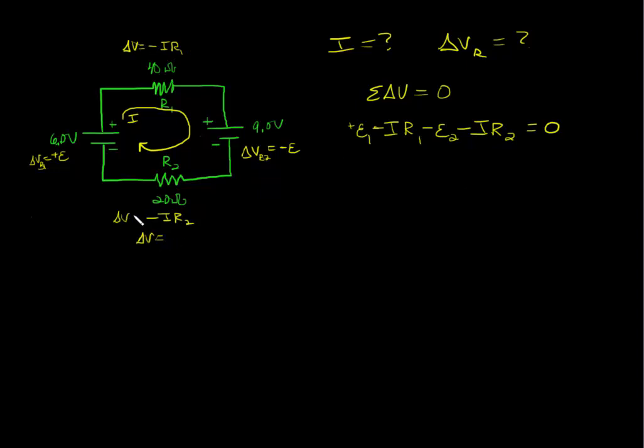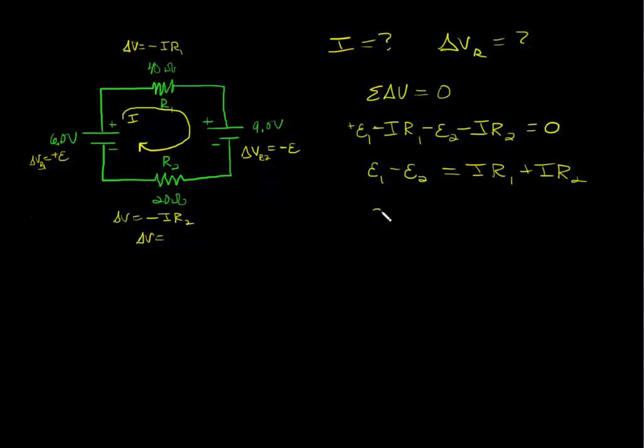All right, so let's solve for I. Let's move these IRs to the other side. So I get the EMF of 1 minus the EMF of 2 is equal to IR1 plus IR2. I can factor out the I and then divide by what's inside, so it'd be R1 plus R2.